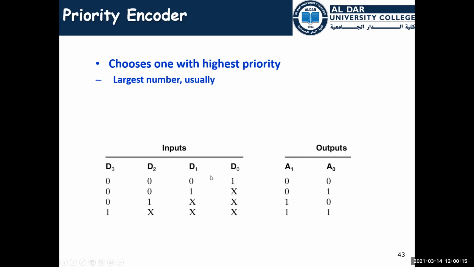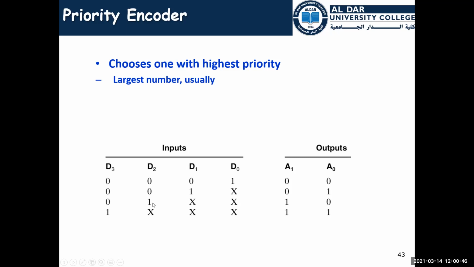Here we have D0, D3, D2, D1, D0 this way. The output will be 0 0, and here we want D1 to have a higher priority over D0. This way, I will give D1 the priority irrespective of the value of D0.